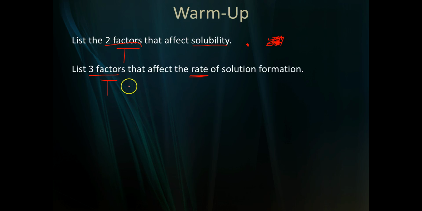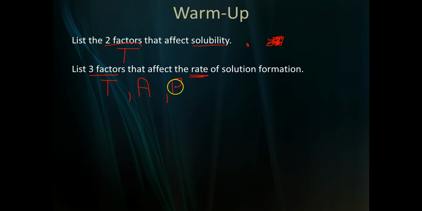If you increase temperature, the time goes down, and when the time goes down, the rate goes up. Then we had agitation or stirring, so as we stir it, it dissolves faster. And then we also had particle size.